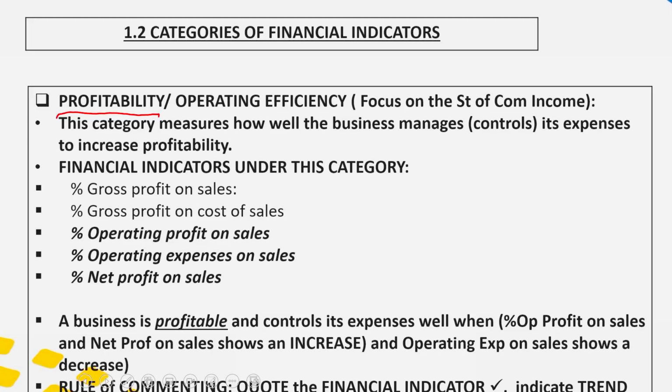That is the only time we can say that the business has good control over its expenses and is thereby profitable. Lastly, we have this one indicator which speaks about the expenses, which is your operating expenses on sales, meaning that for us to say that the business has good control over expenses, our expenses must be minimized at all costs, meaning that this indicator must always show a decrease or remain constant for us to say that the business has good control over expenses.